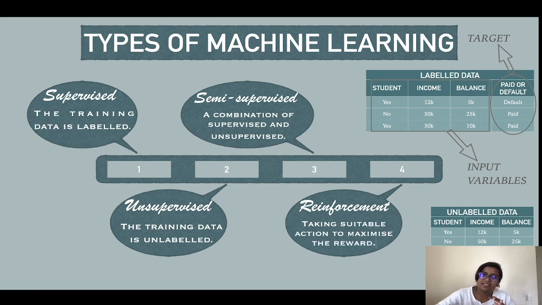So here what happens is taking suitable action to maximize the reward. Let's take the baby as the agent, or the intelligent agent, and let the dog be the object. So the baby predicts the dog as a cat, and the parent would say no, it's a dog. So the baby learns from the mistake.